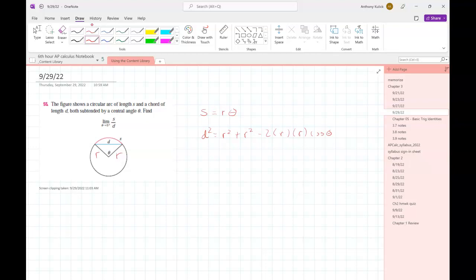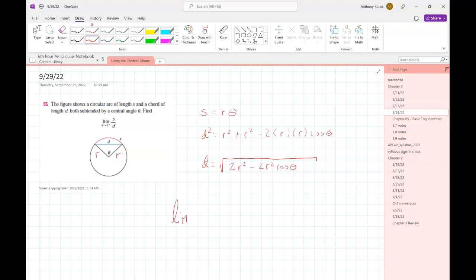Is that everybody okay there? Or really that D is just going to be the square root of all that stuff? So far, so good. All right, so I have an expression for D and S, and I like both of these because they're both in terms of r's and thetas, so they're both in terms of the same variable.